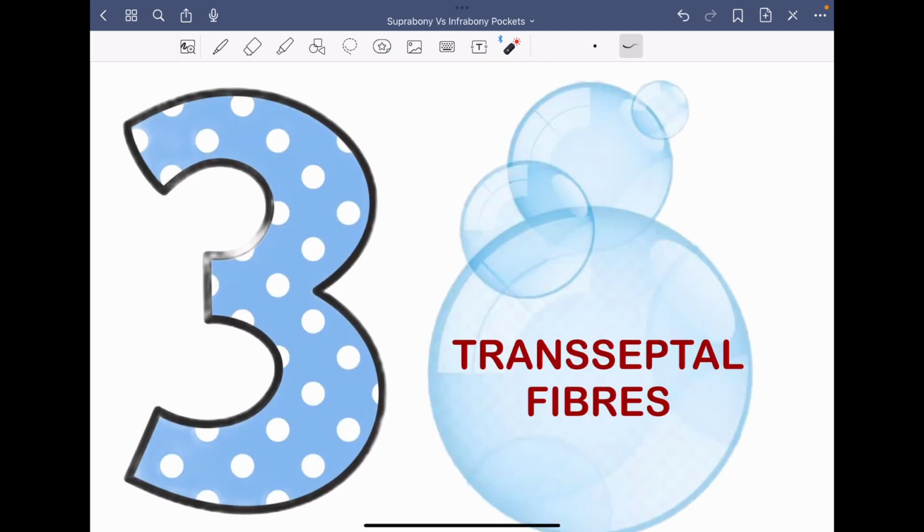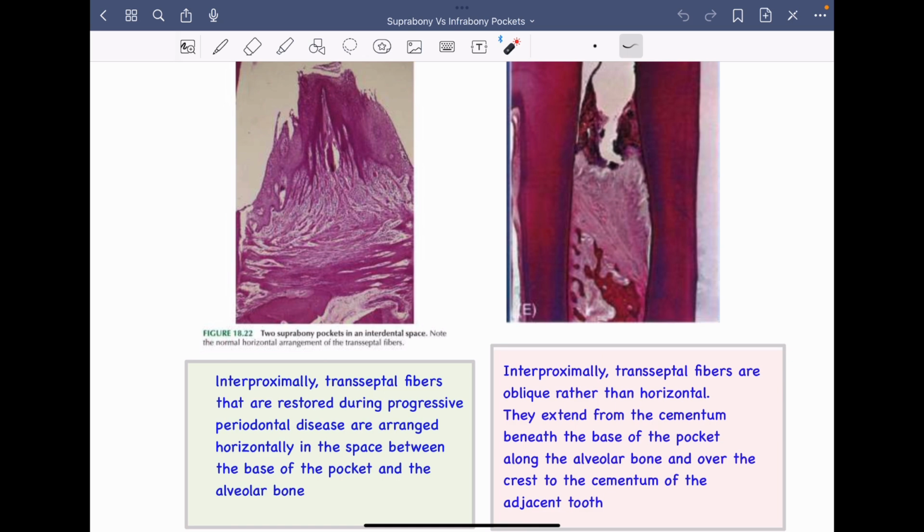Moving on towards the differences in suprabony and intrabony pockets in terms of the arrangement of transseptal fibers. Here this is the diagram of suprabony pocket, and here we have intrabony pockets. Here we can see the arrangement of transseptal fibers between two suprabony pockets.